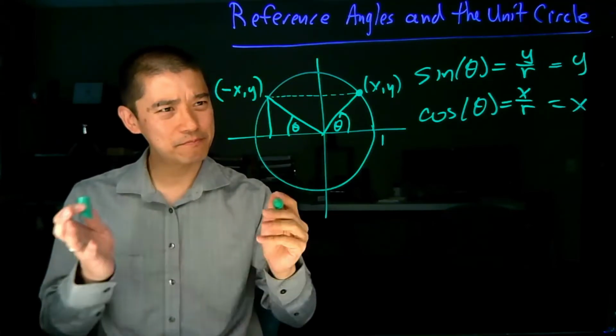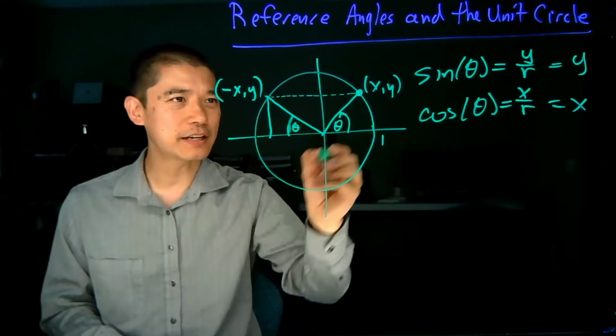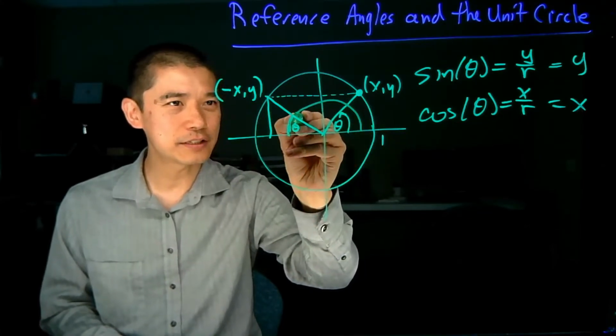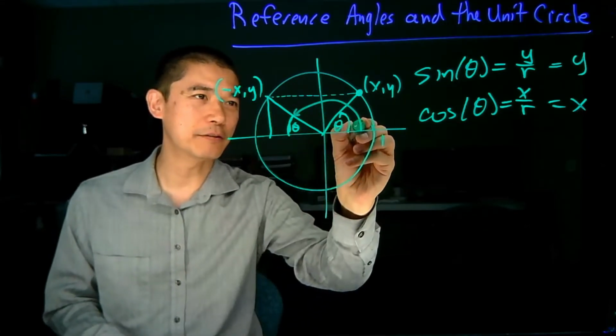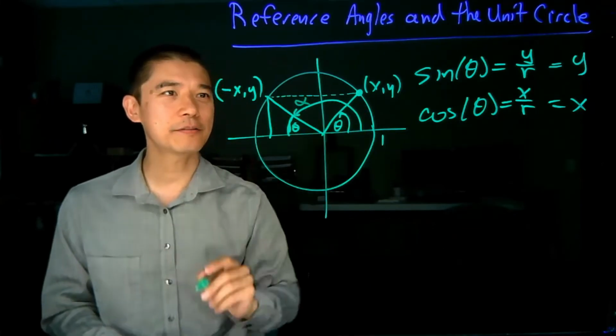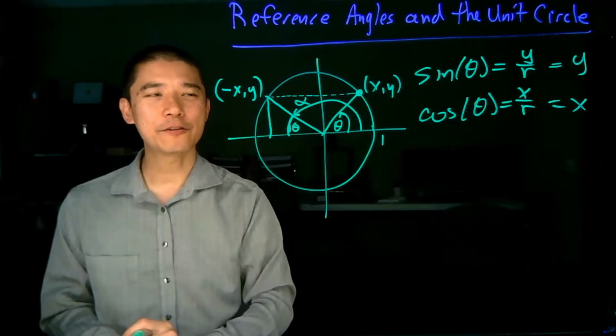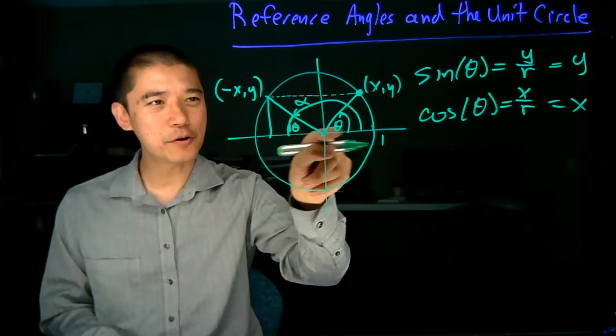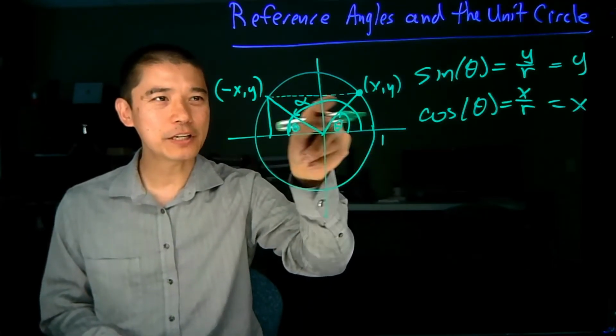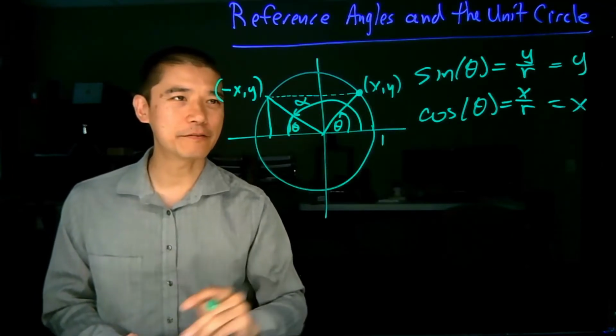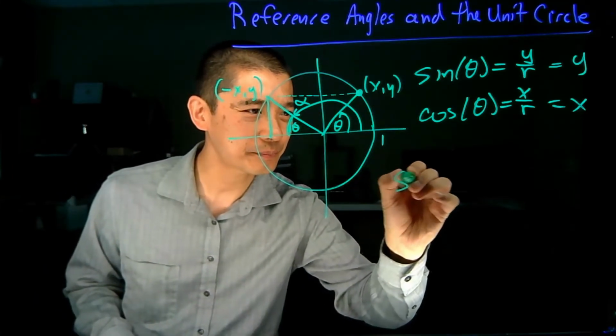And now, because this angle here is theta, we can actually look at the angle in standard position. We'll call this thing alpha for a moment. This angle alpha creates a reference angle theta. And so if we know the reference angle theta, we can actually get sine of alpha and cosine of alpha. Let's just think about that.